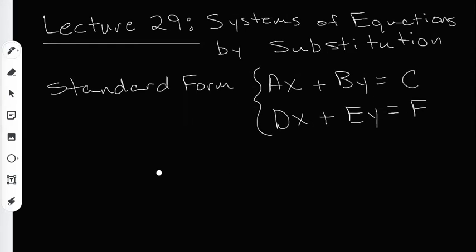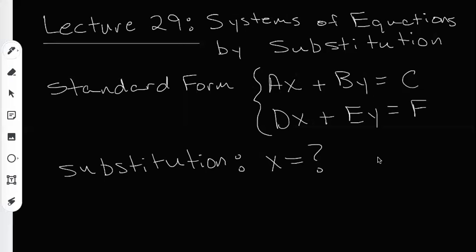And what we're going to learn about today is how to use substitution to solve them. So substitution is when you typically get one variable by itself. You could get the x by itself, or you could get the y by itself.